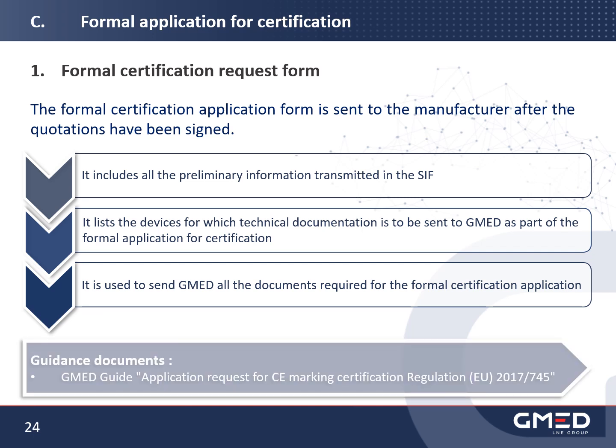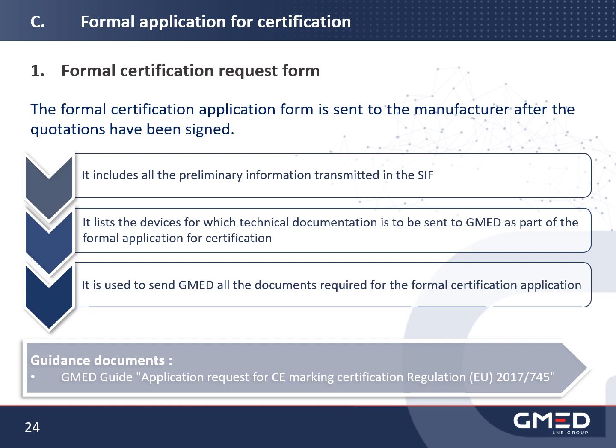However, to enable manufacturers to prepare their formal application for certification under the best possible conditions and as quickly as possible, GMED makes available on its website the GMED Guide, Application for Certification with a view to CE mark under Regulation EU 2017/745.